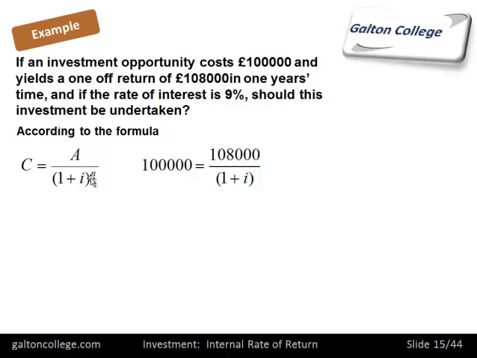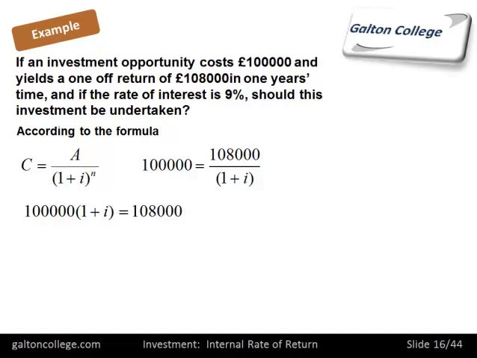So 10 to the power of 1 is 10. 2 to the power of 1 is 2. 1 plus I to the power of 1 is 1 plus I. So the n drops out, not needed. If we cross multiply here, we get that.